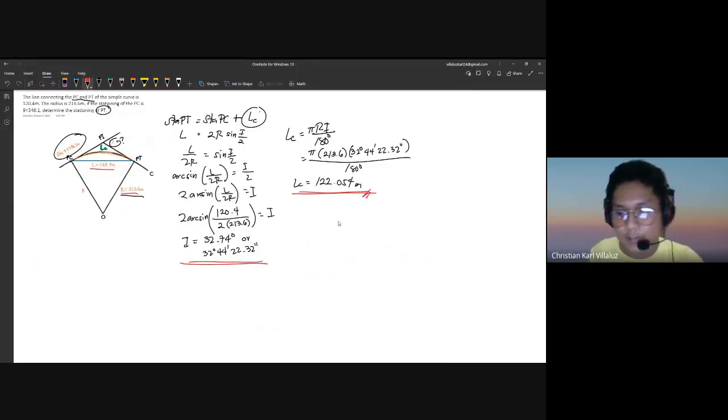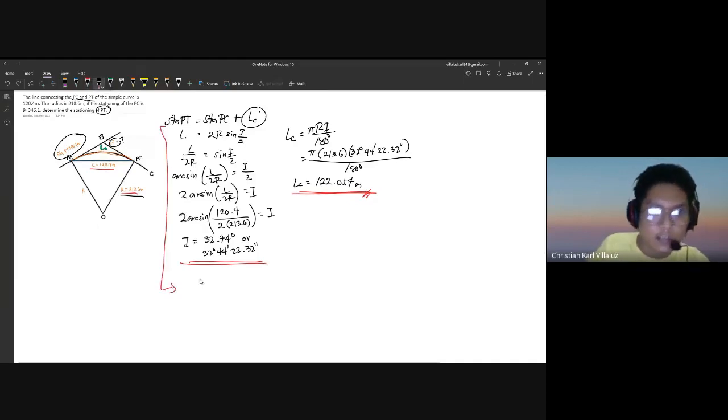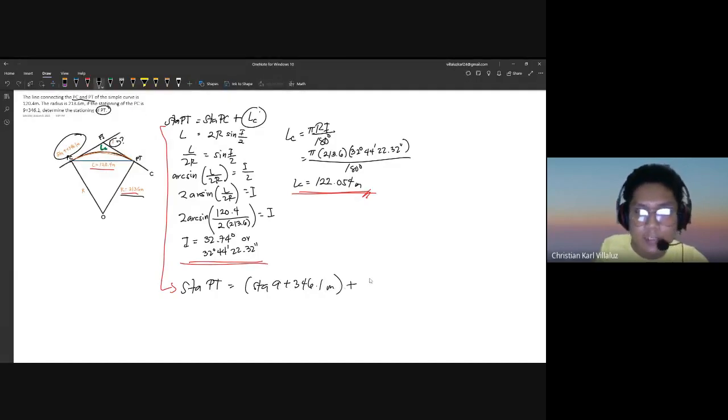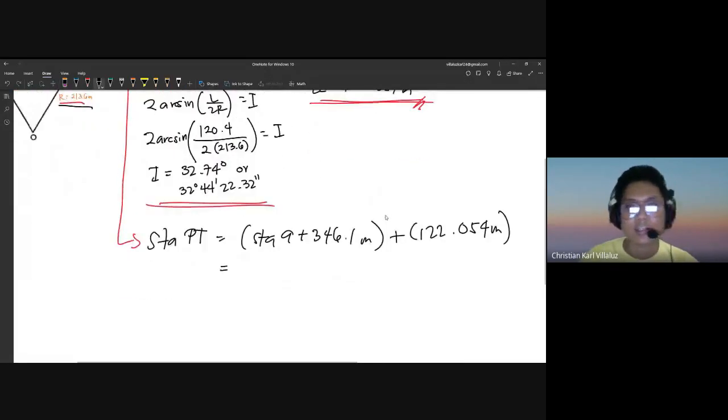So the stationing of PT, ito yung solution. Let's copy that here. The stationing of PT is equals to stationing of PC, which is equivalent to 9 plus 346.1 meters plus 122.054 meters. So in adding stationing class, again, ang 9 plus 346.1 means that the station is 9 kilometers and 346.1 meters.